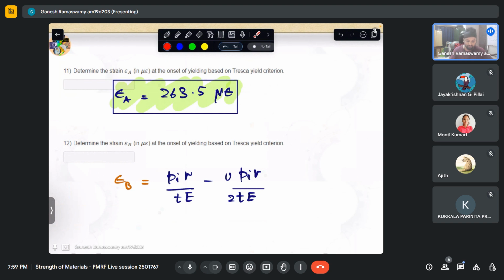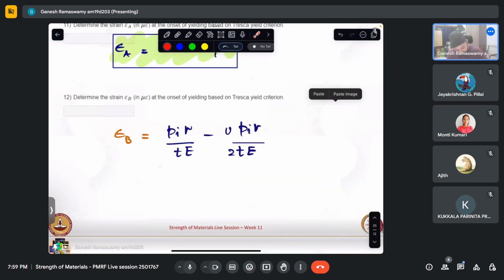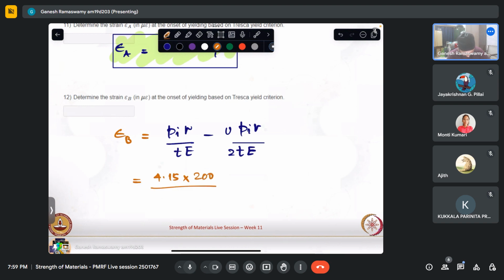P is 4.15 into R by T E into 1 minus 0.3 by 2 into 10 power 6.